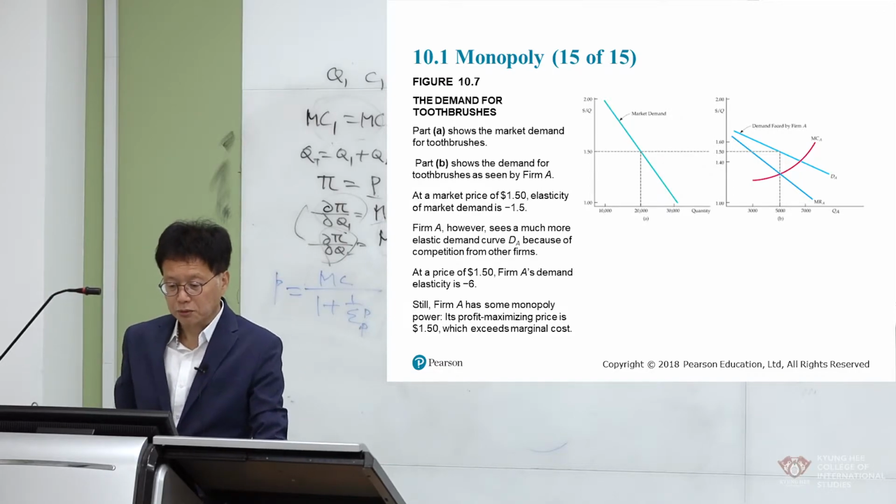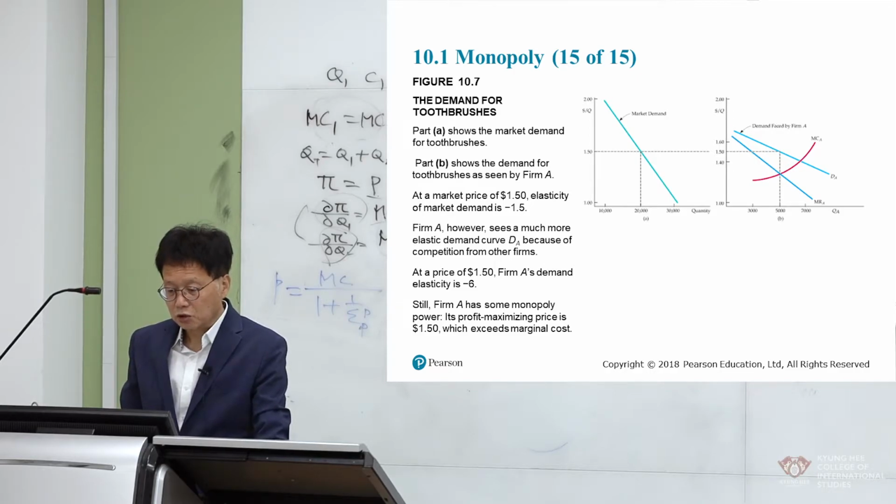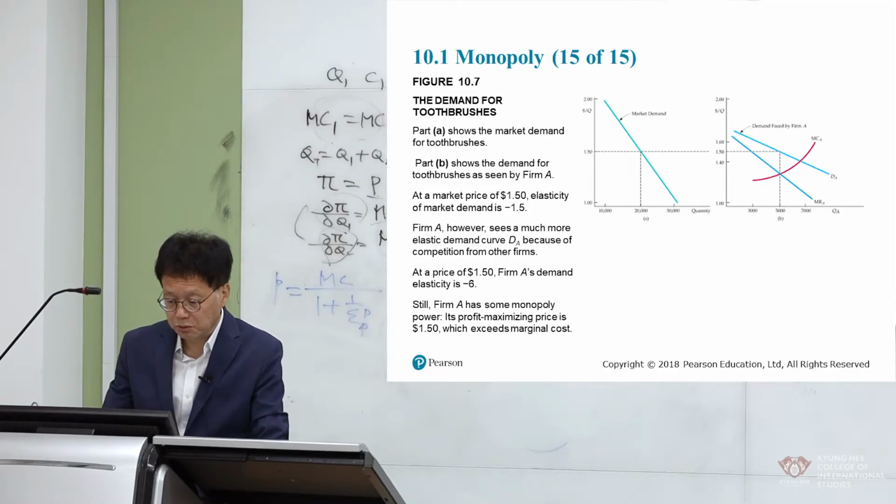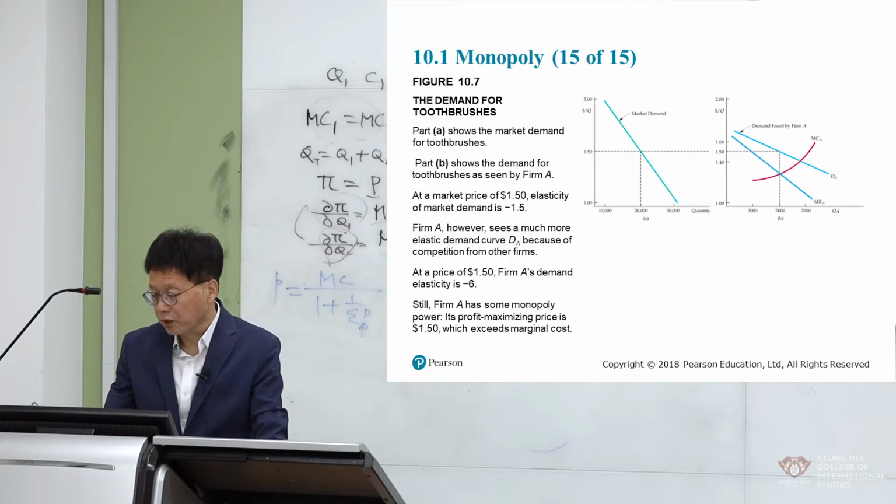Figure 10.7, the demand for toothbrushes. Part A shows the market demand for toothbrushes. Part B shows the demand for toothbrushes as seen by Firm A. So Firm A has marginal cost, demand curve, marginal revenue. Right?